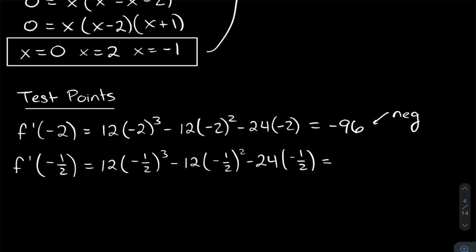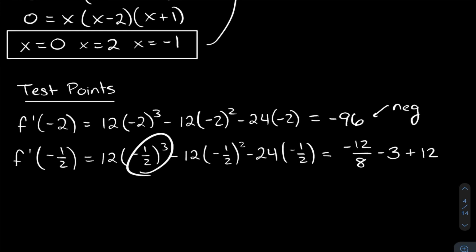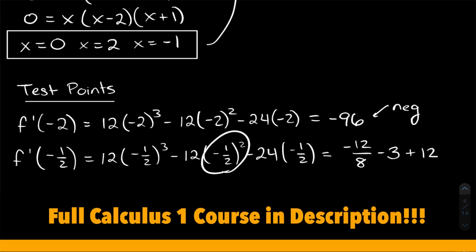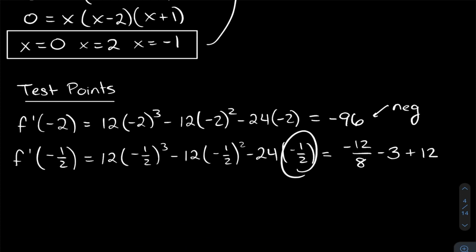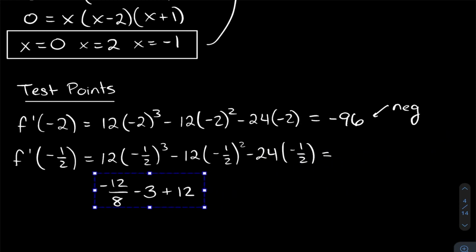I didn't actually put all that into the calculator, but I simplified it a little bit. Here you get a negative 1 over 8, here you'd get a 1/4, and here you just have a negative 1/2. So if you just write all these, I'll put it down here.